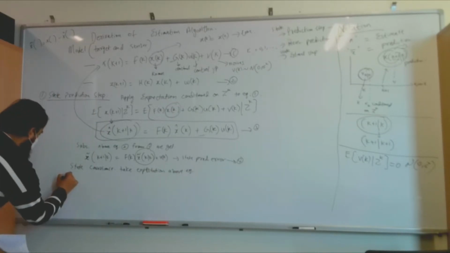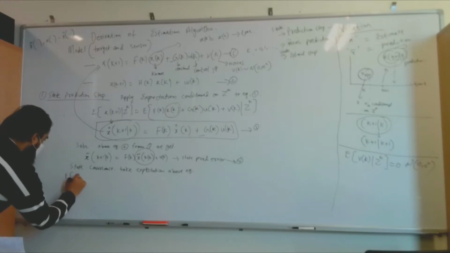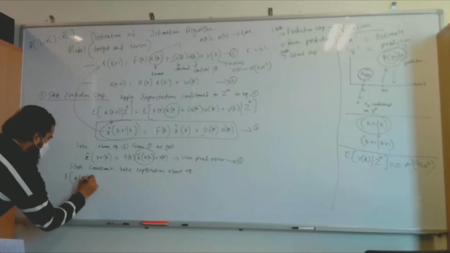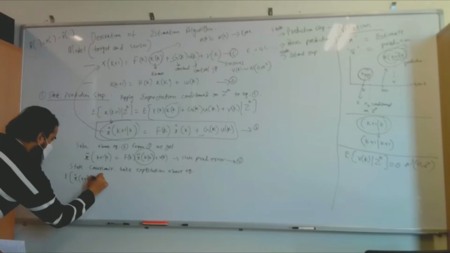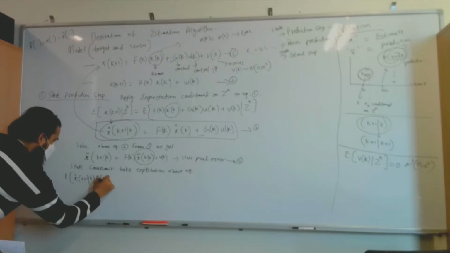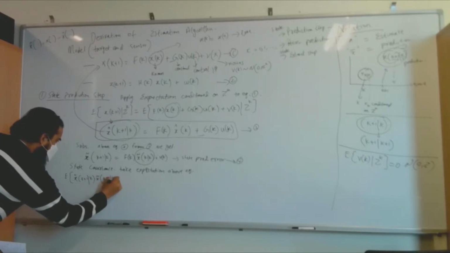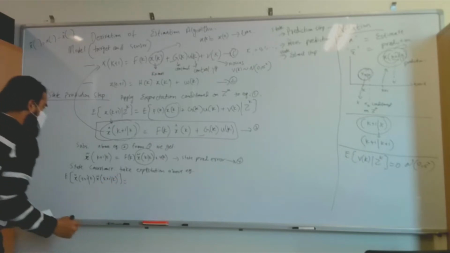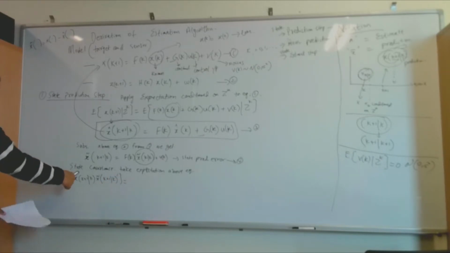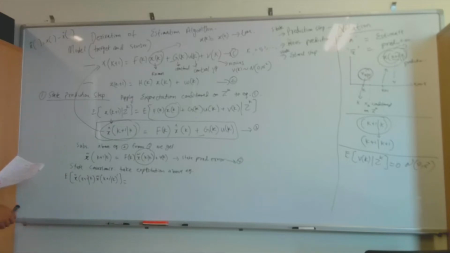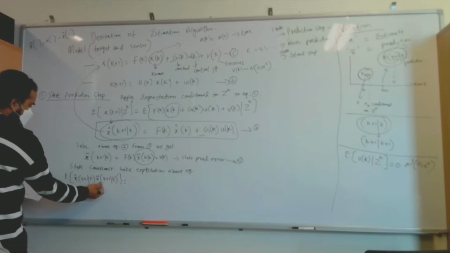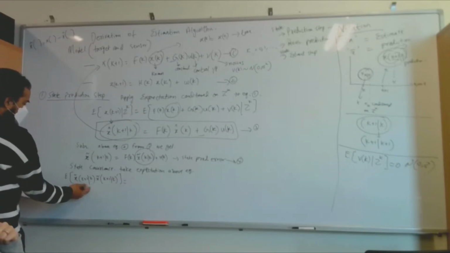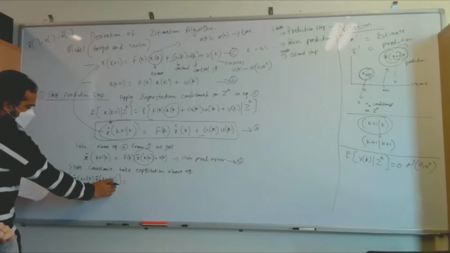Okay, now expectation of state covariance. This is for covariance. So we have to take the transpose of the error, and one same, one has a transpose.